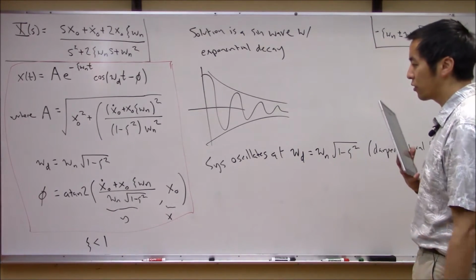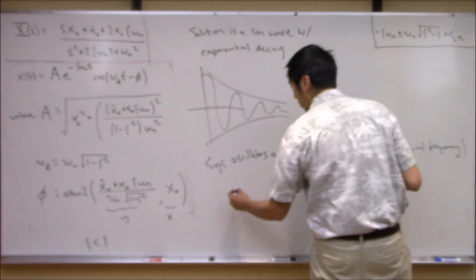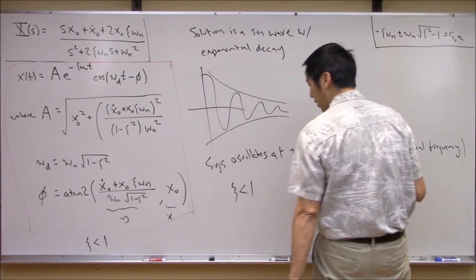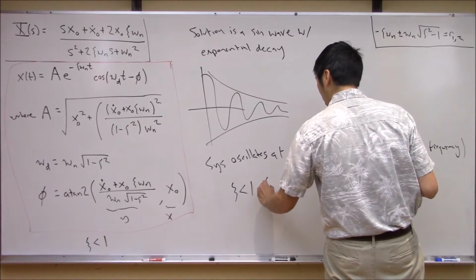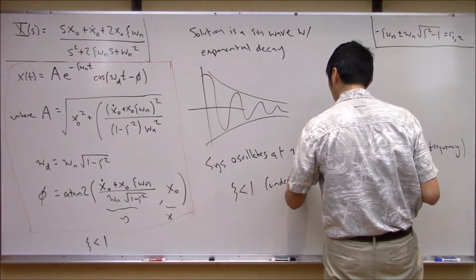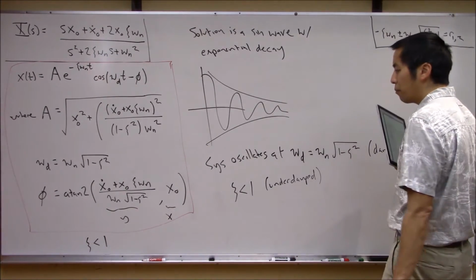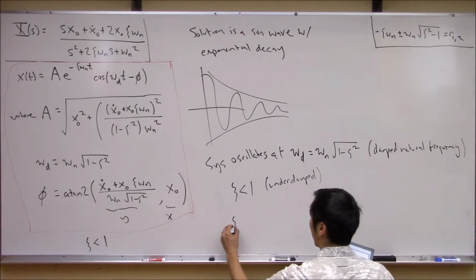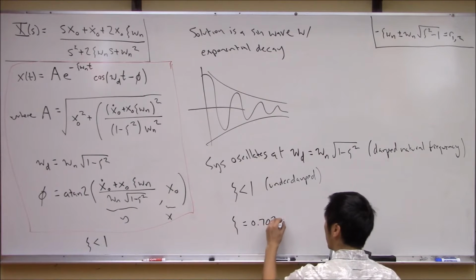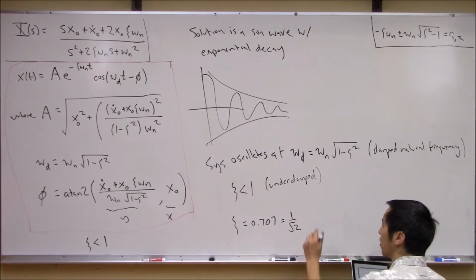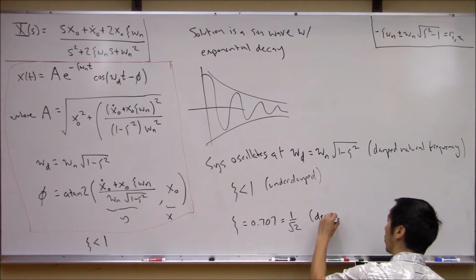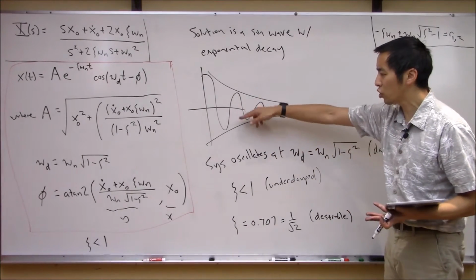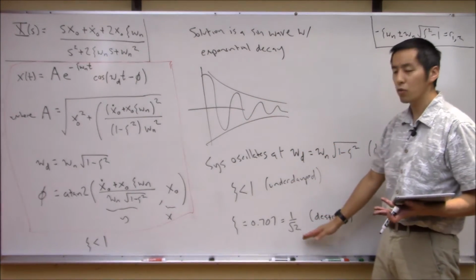What else is interesting to discuss about this? Let's come back to the case where we have zeta less than 1. This is what we call underdamped. Some people will want their system to have a damping ratio of 0.707, which is 1 over root 2. This is desirable because it's a good trade-off: the system might oscillate a teeny little bit, but it's going to respond fairly quickly.